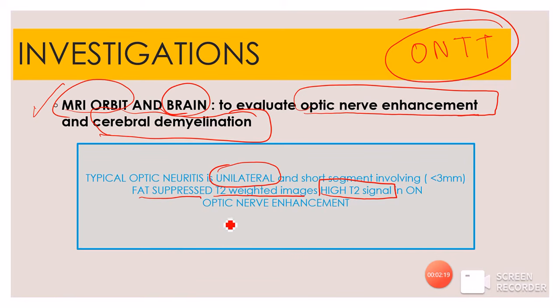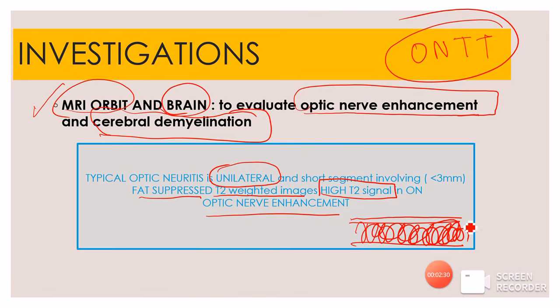The enhancement could be parenchymal, where the substance of the optic nerve looks hyperintense, or just perineuritis, where the vessels present around it take up the contrast and there is just perineuritic enhancement. These two types of enhancement can be seen in optic neuritis on MRI orbit.